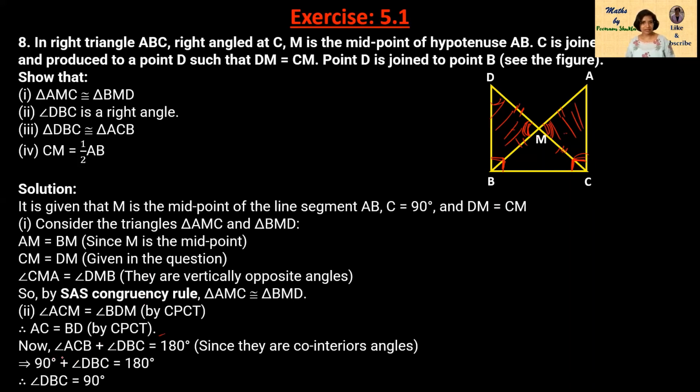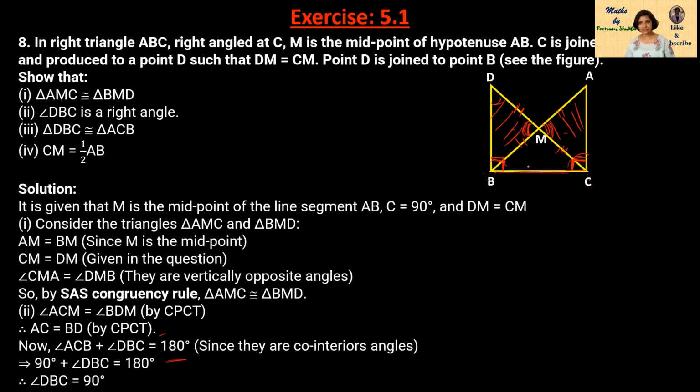So now angle ACB plus angle DBC is equal to 180 degrees. How come? Because these two are parallel lines, and this is the transversal, so these are co-interior angles.